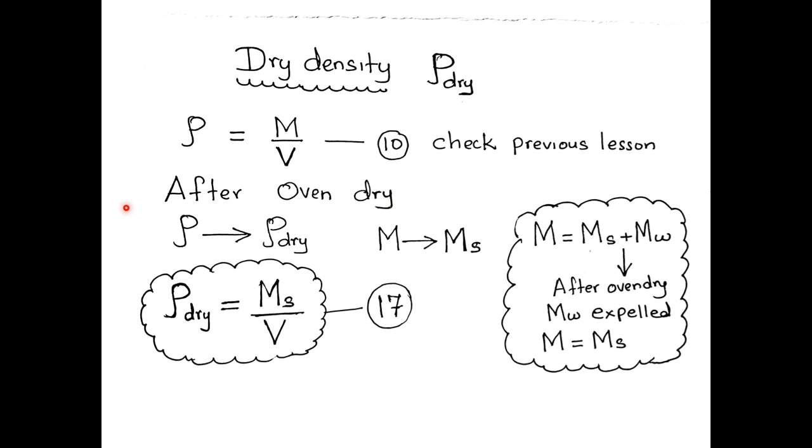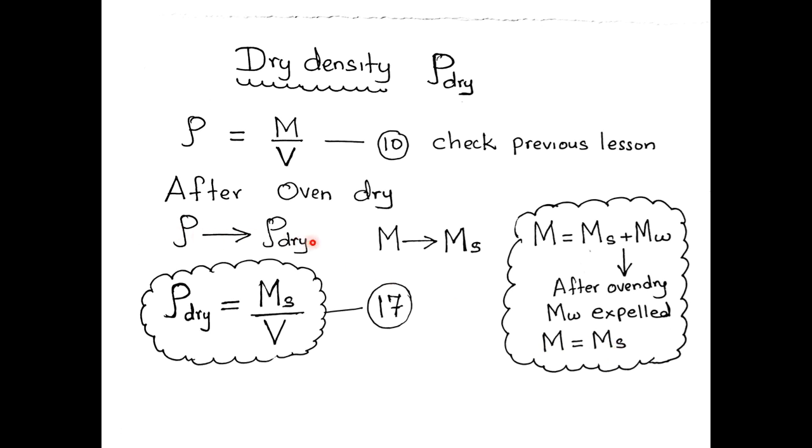After oven drying, M becomes MS, because total mass is equal to mass of solid plus mass of water. After oven drying, MW is expelled and goes out. MS is equal to M.